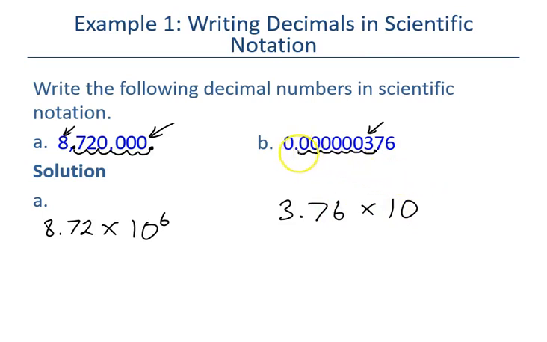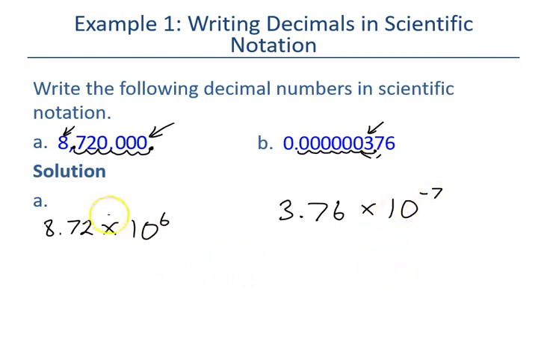Notice we went in a different direction. We went to the right, so we go 1, 2, 3, 4, 5, 6, 7. That's going to be 10 to the -7.